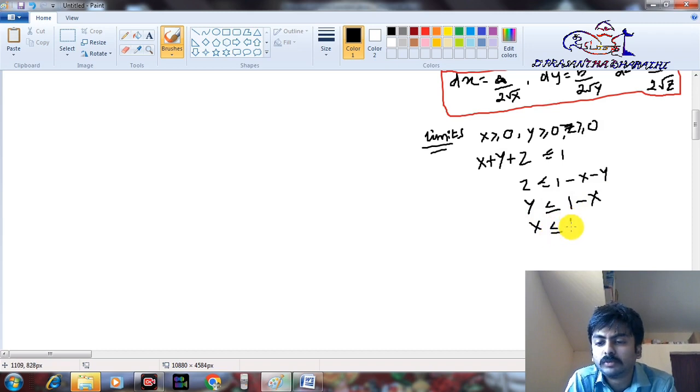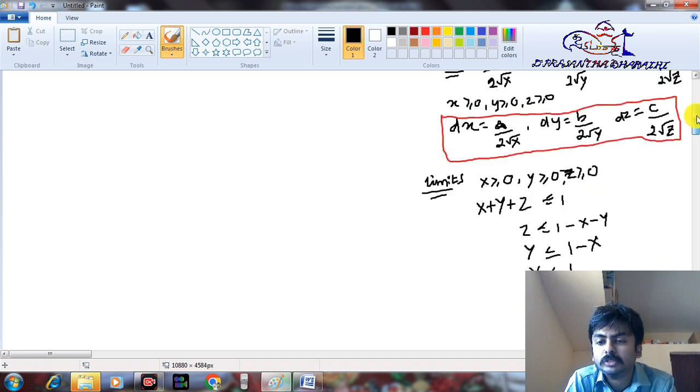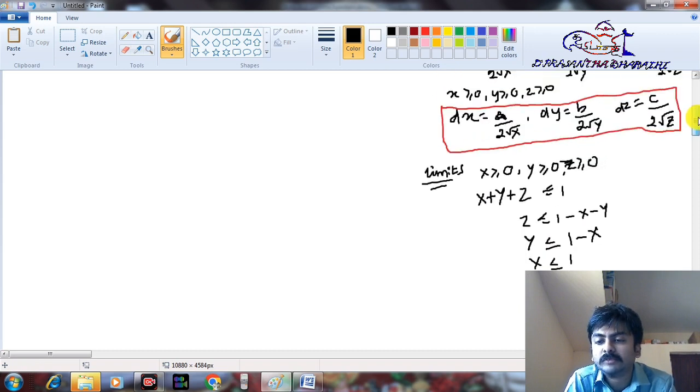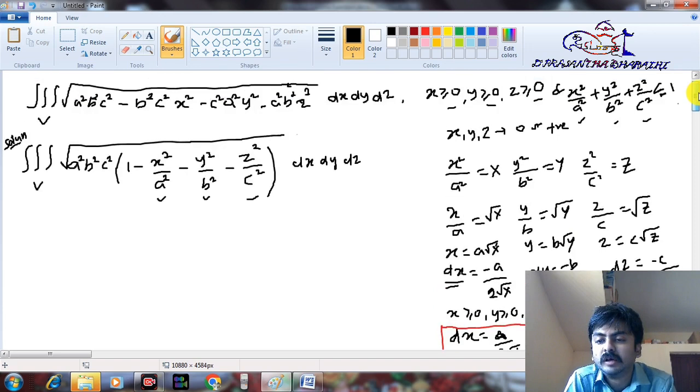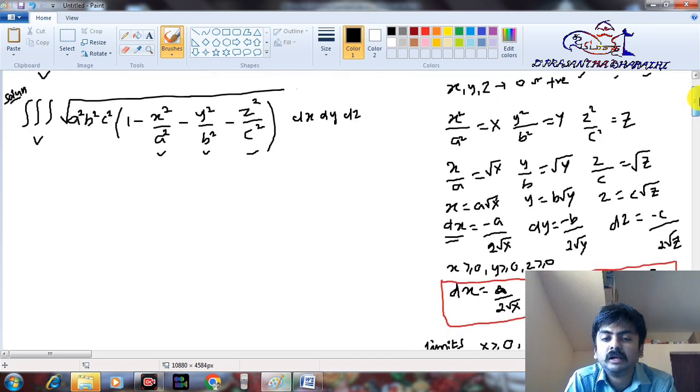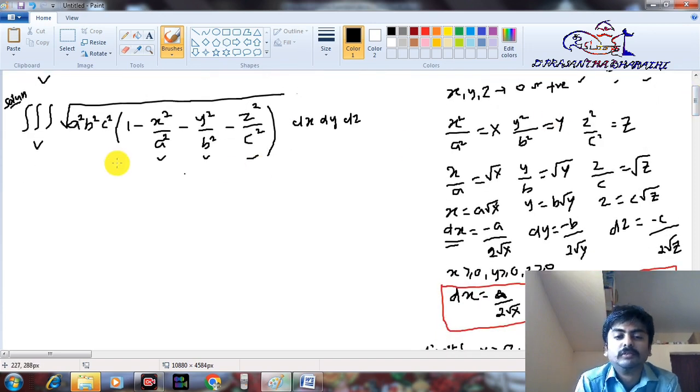So x from 0 to 1, y from 0 to 1 minus x, z from 0 to 1 minus x minus y. So with this knowledge and these preliminary things, we are finding the volume of the given triple integral.